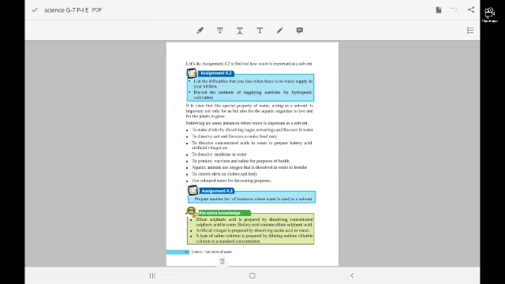Then to dissolve concentrated acids in water to prepare battery acid, artificial vinegar, etc. I think you have heard the word dilute sulfuric acid.